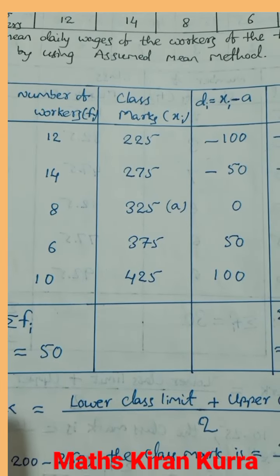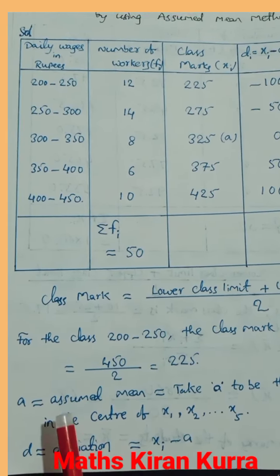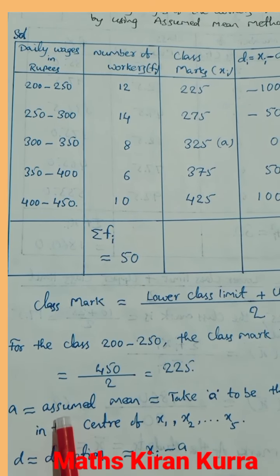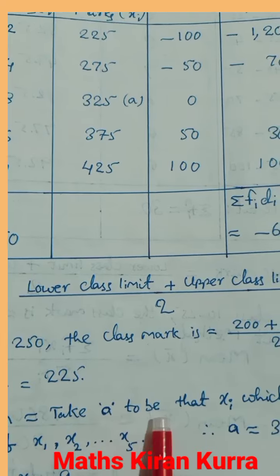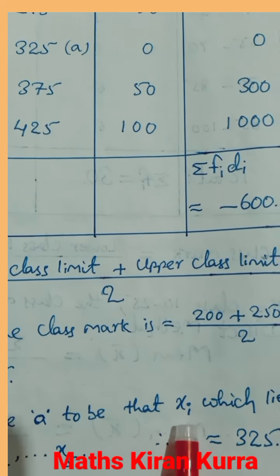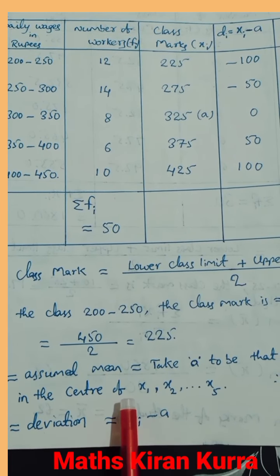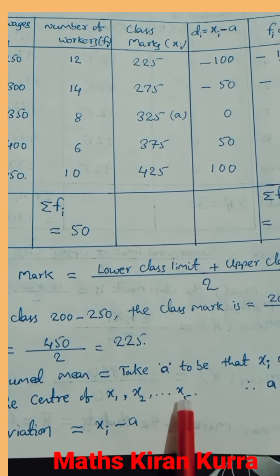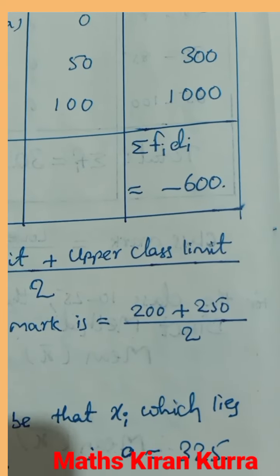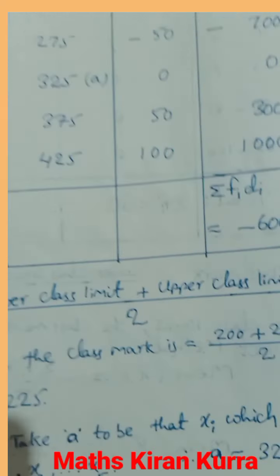So small a is equal to 325. Here small a is the assumed mean. Take a to be that xi which lies in the center of x1, x2 up to x5. So finally we say that small a is equal to 325.